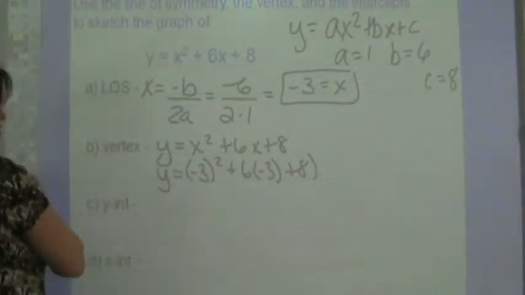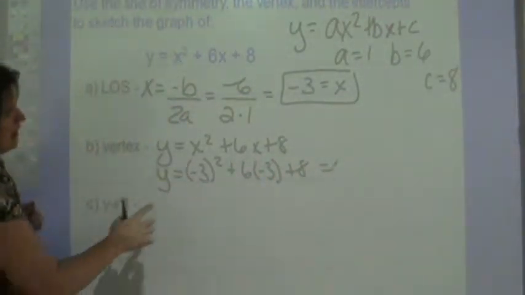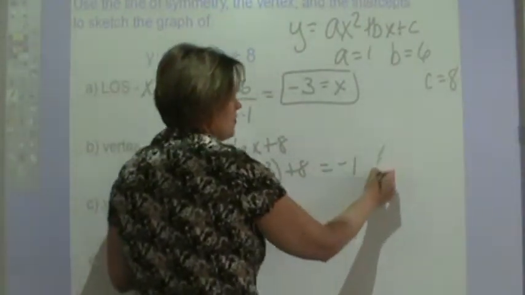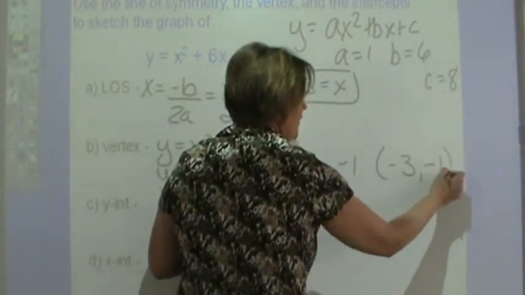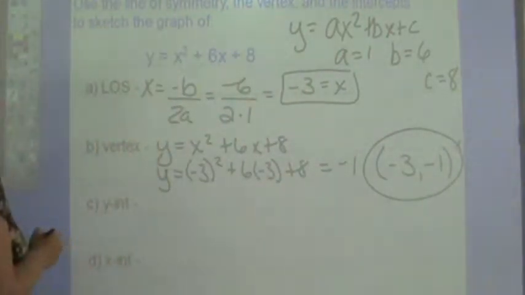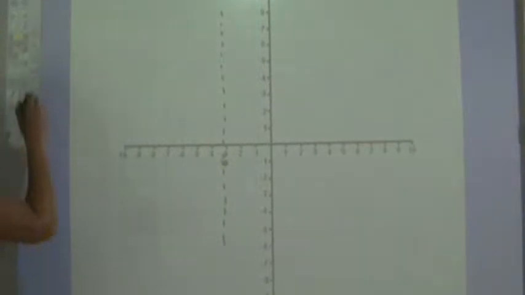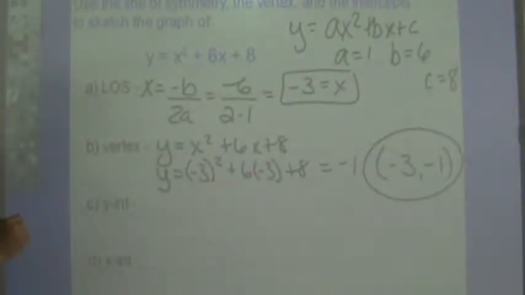So that'd be 9 minus 18 is negative 9, plus 8 is negative 1. So my vertex is at negative 3, negative 1. So there's my vertex. Then we're going to do the y-intercept.